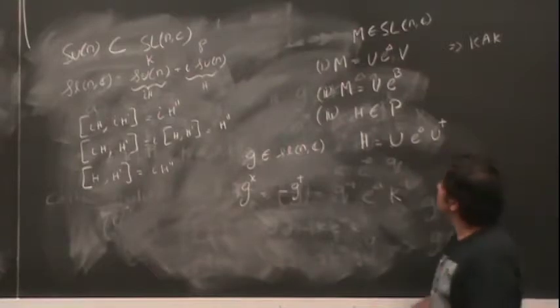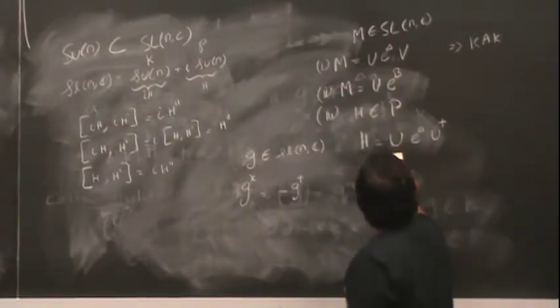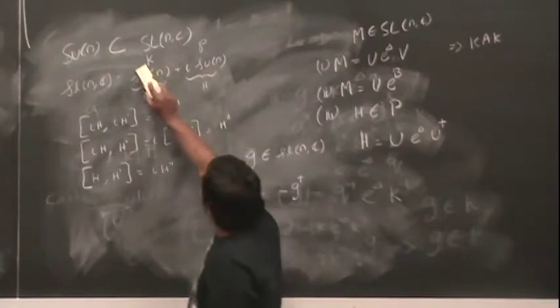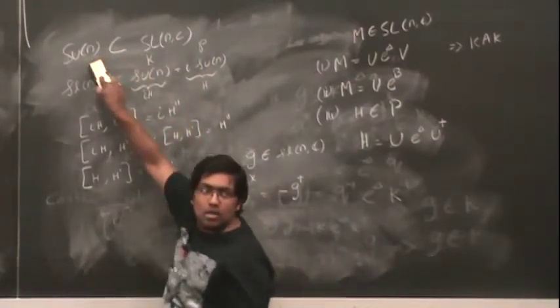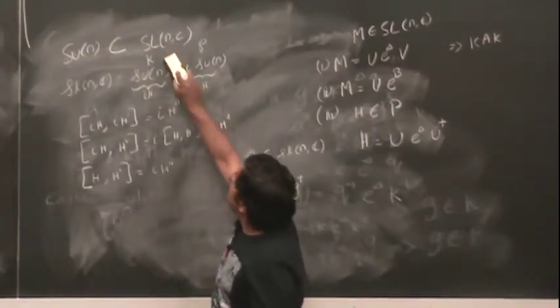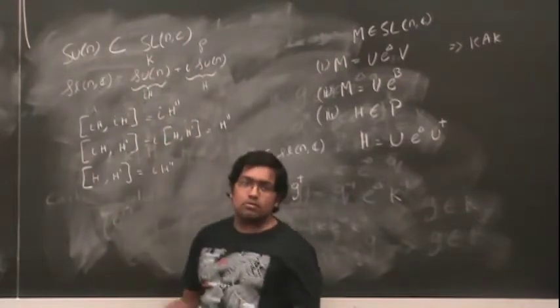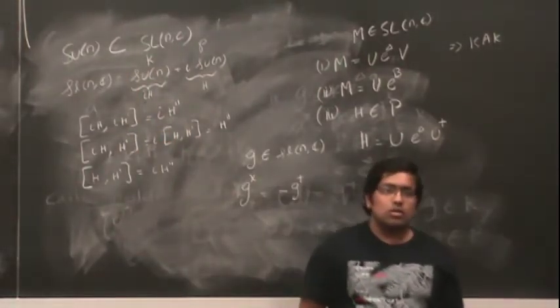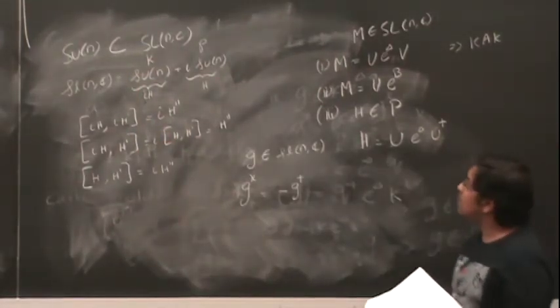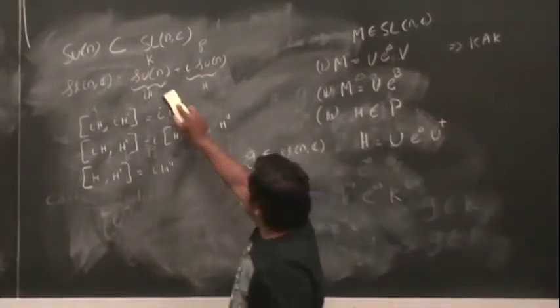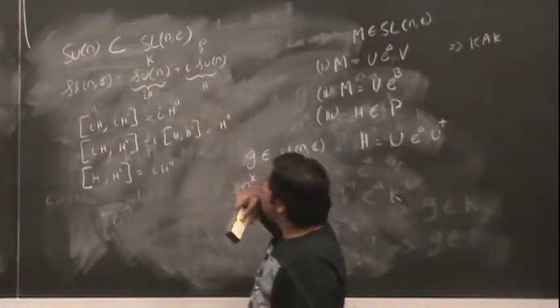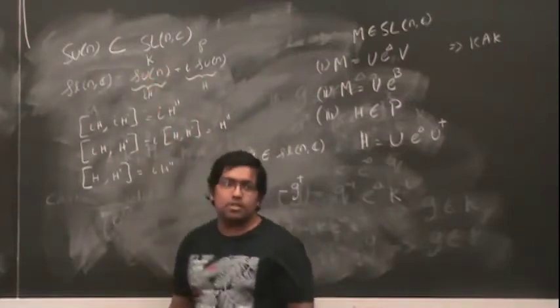So once again, these standard decompositions came from the fact that SL(N,C) mod SU(N) is a symmetric space. This is a term that we use for this. These two are called a Cartan pair, and these two are called a symmetric pair.